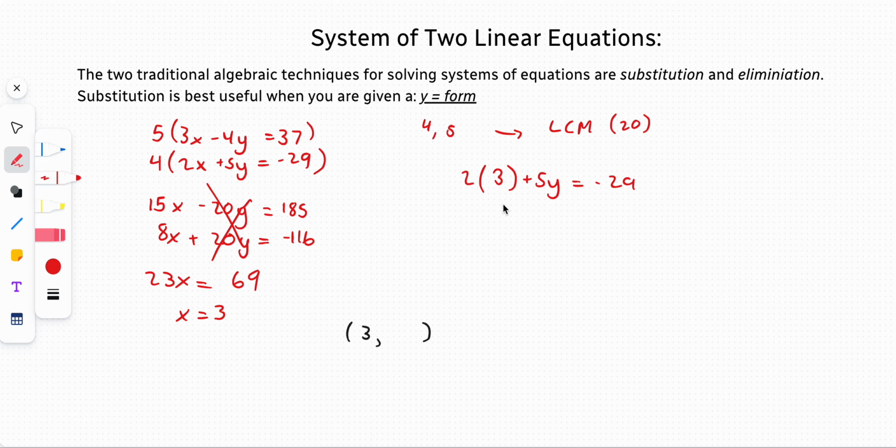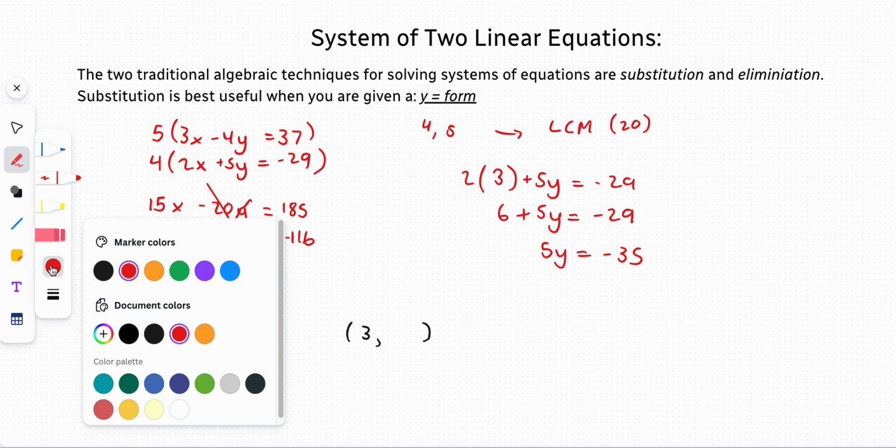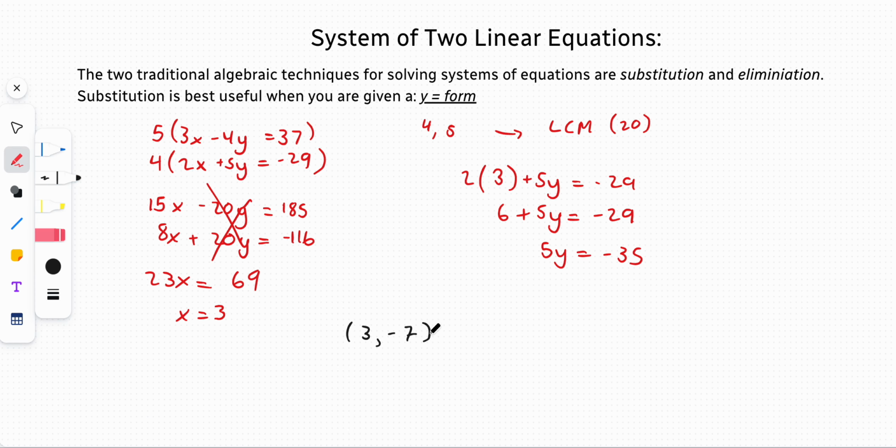And this is just going to turn out to be 6 plus 5y equals negative 29. So we just have 5y; subtract 6 from both sides, and we get negative 35. So this means that y is going to be equal to negative 7. Right? And so this is our answer, and this is the point at which both of these lines meet, hence the answer to our system.